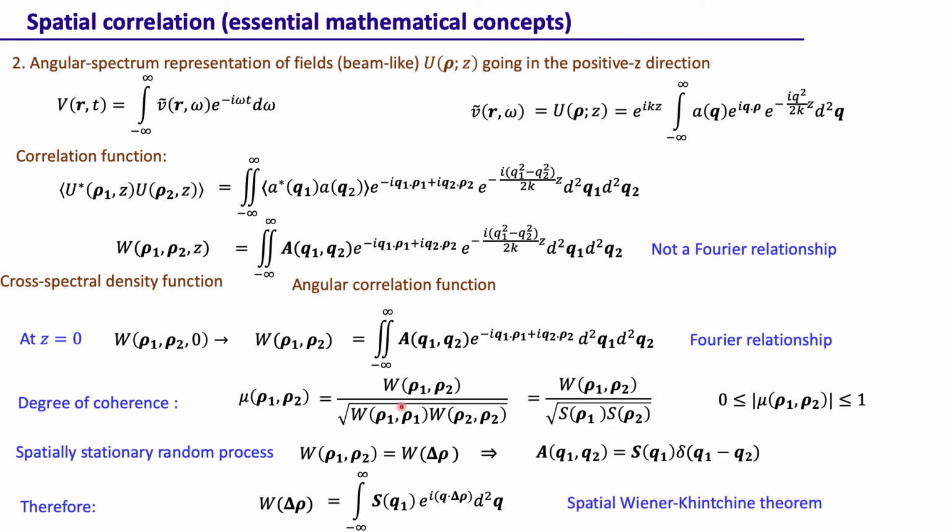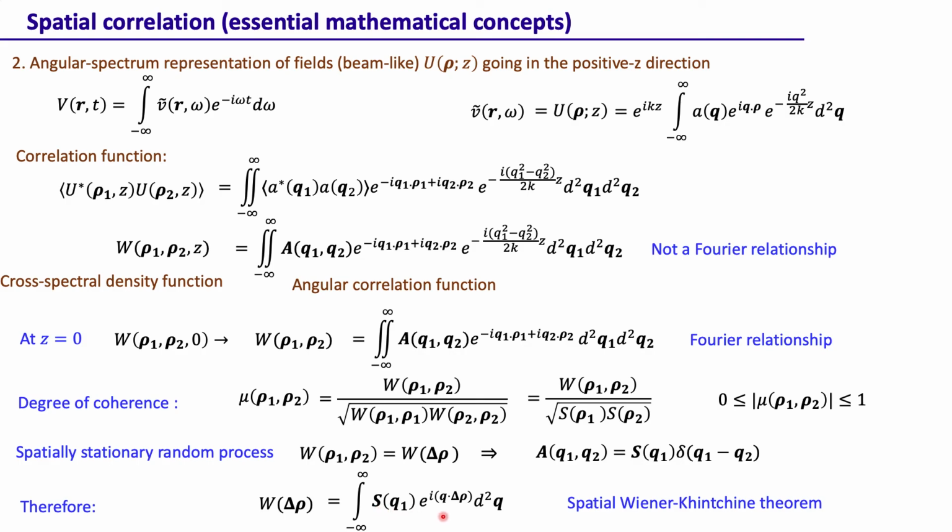This is the generalized Wiener-Khintchine theorem, this is the Wiener-Khintchine theorem, and this one is a two-dimensional, this is a four-dimensional Fourier transform relationship, which connects the cross spectral density function and this spectral density function.